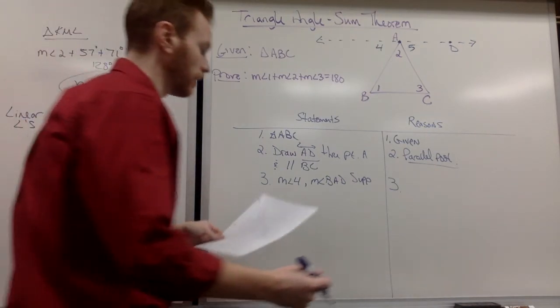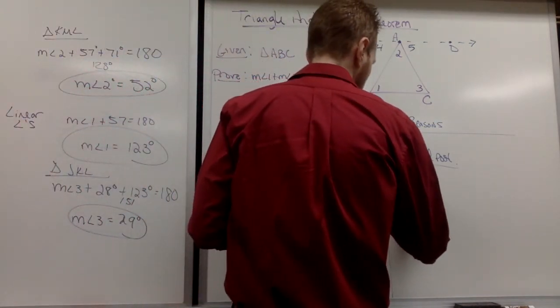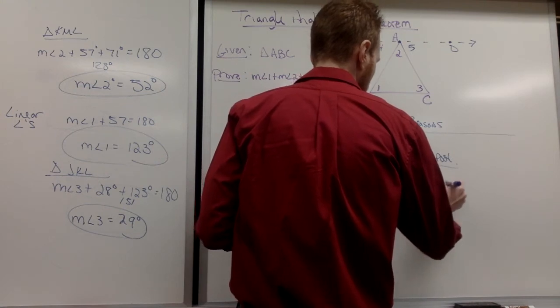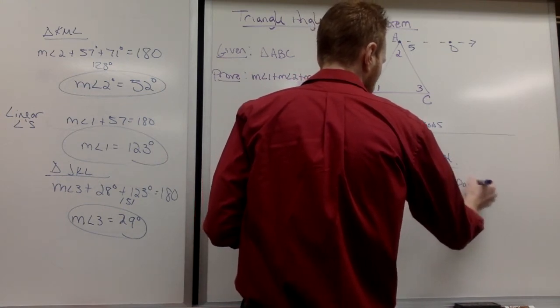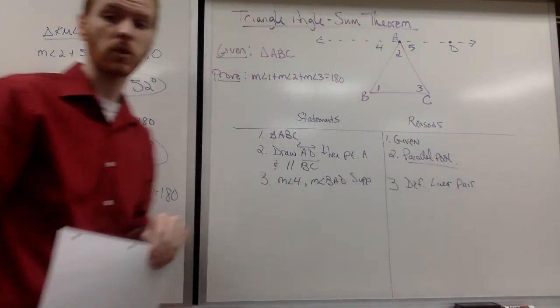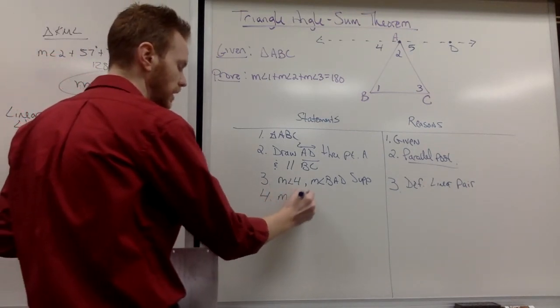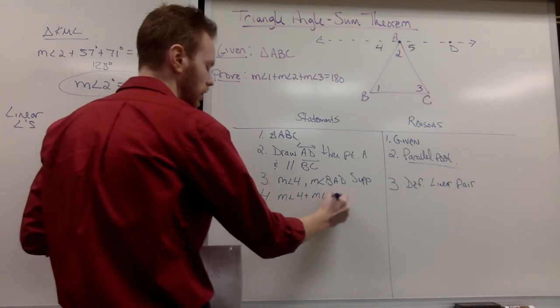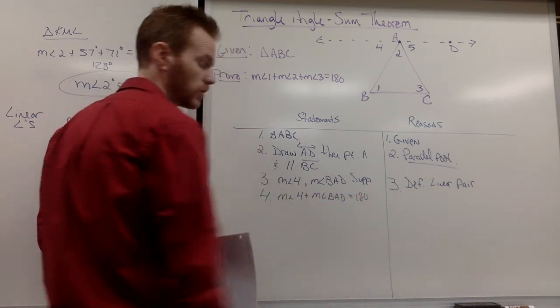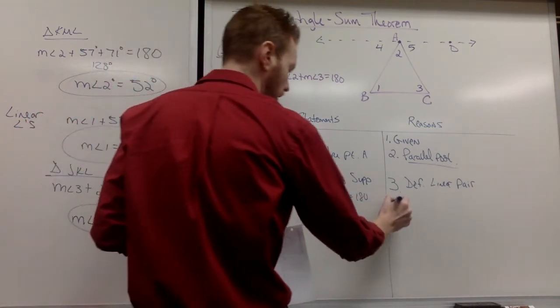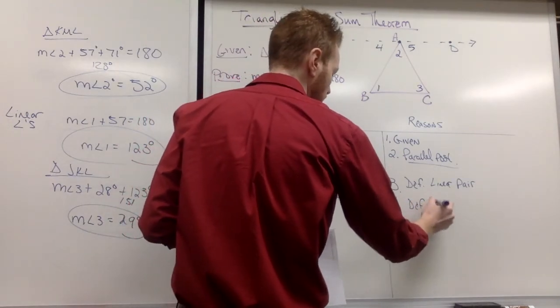So they're supplementary, and that's how we define a linear pair of angles. Now, because they're supplementary, I can add them up to 180. Just like that, and that's just the definition of what supplementary means.